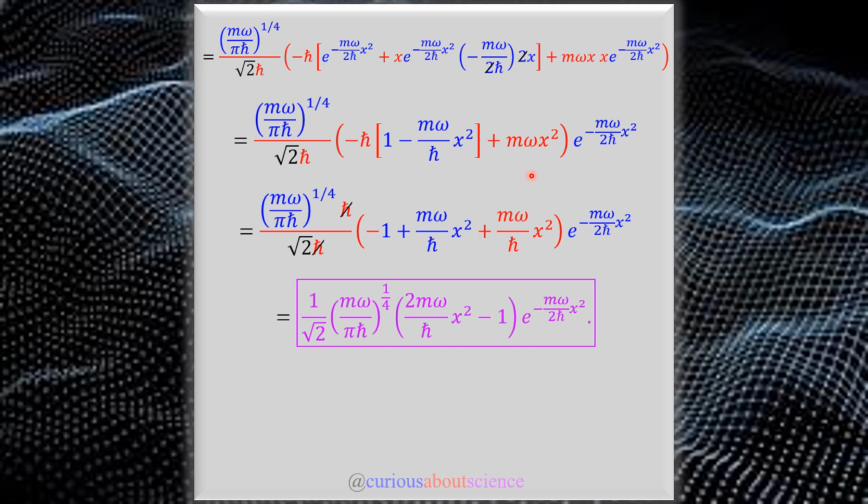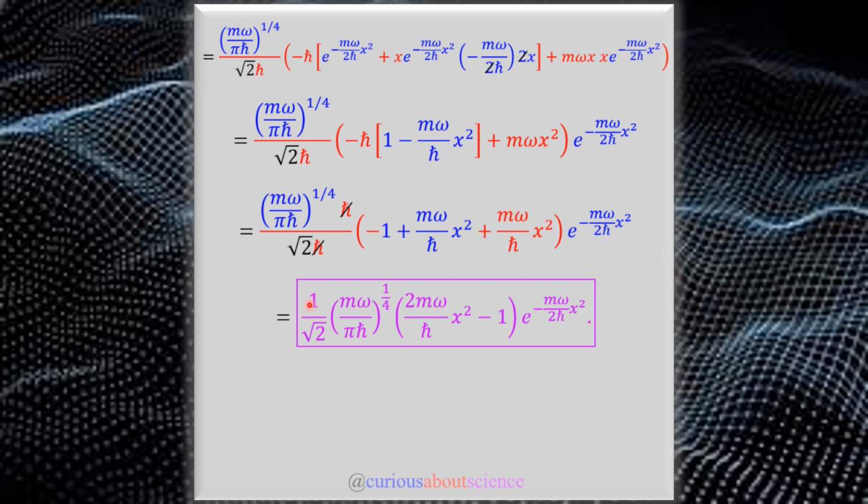And what we see here is kind of a nice surprise. The h bars cancel in the constant term out front, and we get to conjoin the x squared terms, since they both have the same coefficient of m omega over h bar, so we're able to tidy this whole thing up into something nice and compact.